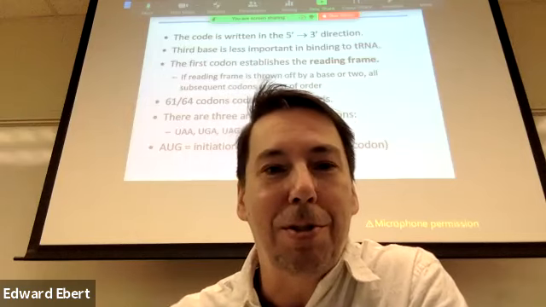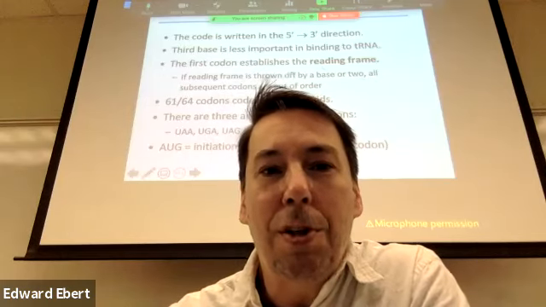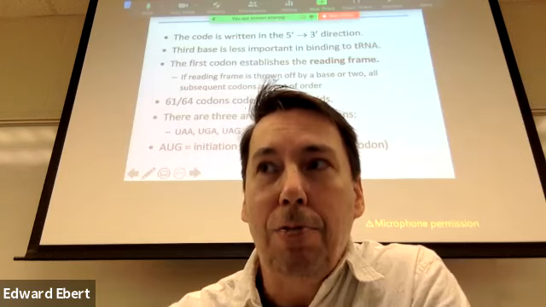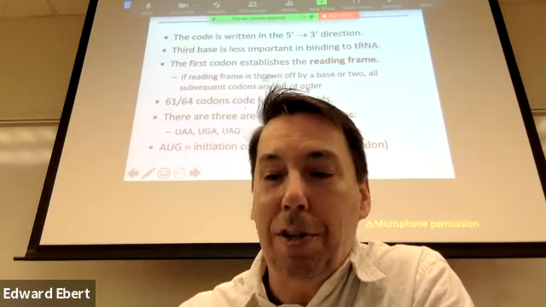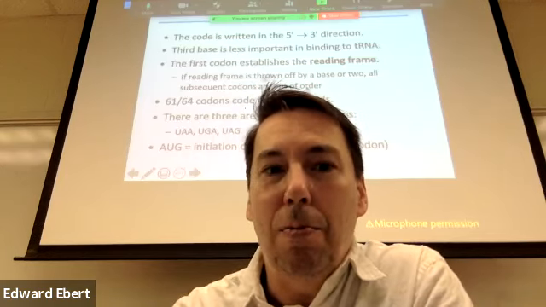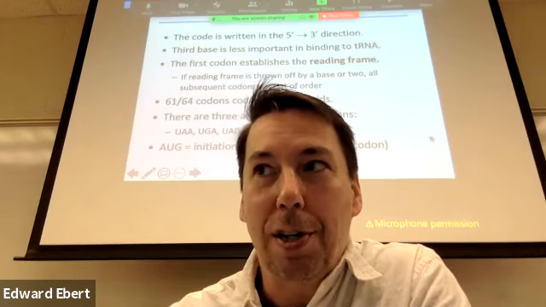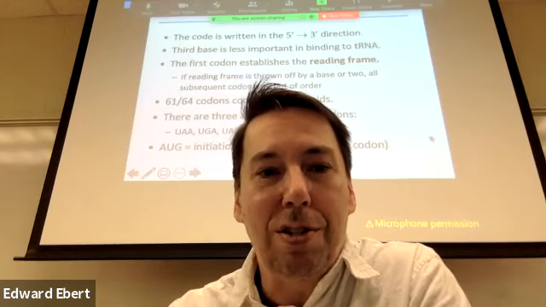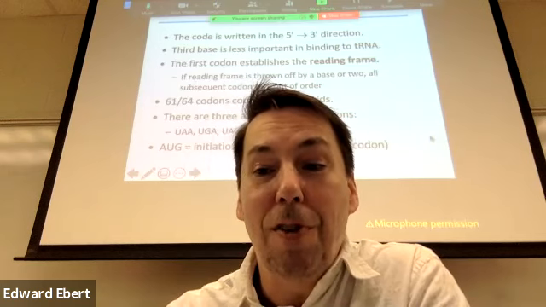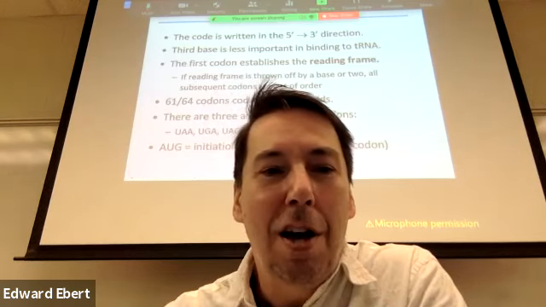Not always, but sometimes. The very first codon establishes the reading frame. So if we throw off the reading frame, if we have an insertion or deletion, we can have everything out of order. And that's one of the ways that you can end up with some mutations that can be very, very bad. Sometimes they're not so bad.